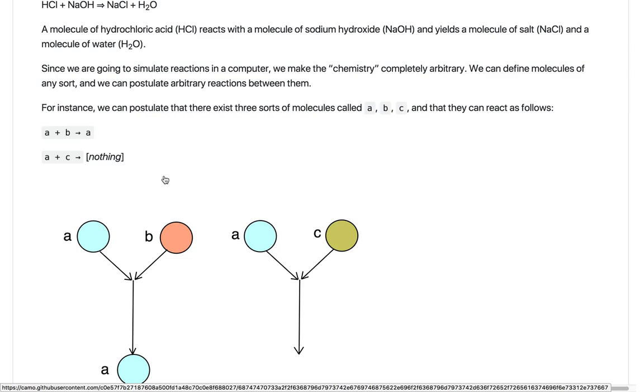Now we are going to consider completely arbitrary and virtual abstract chemistry rather than try to simulate actual chemical reactions. The chemical machine paradigm is not a way of simulating actual chemistry. It is not at all related to chemistry as a science.